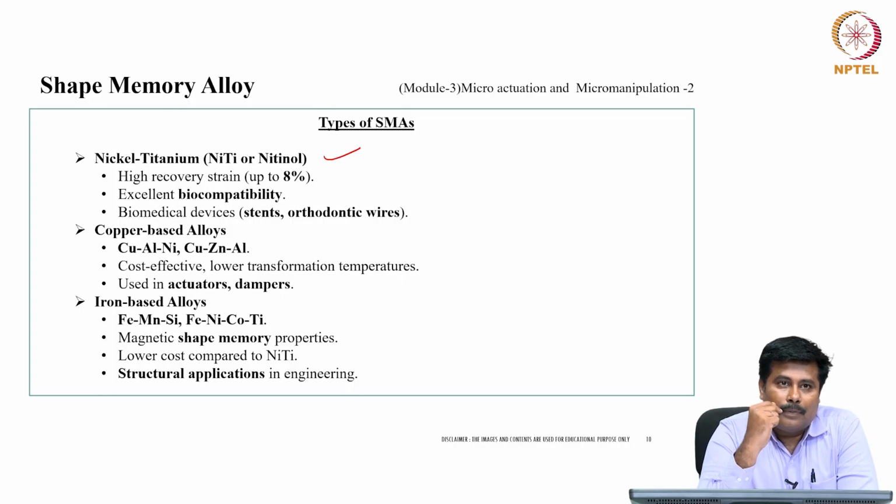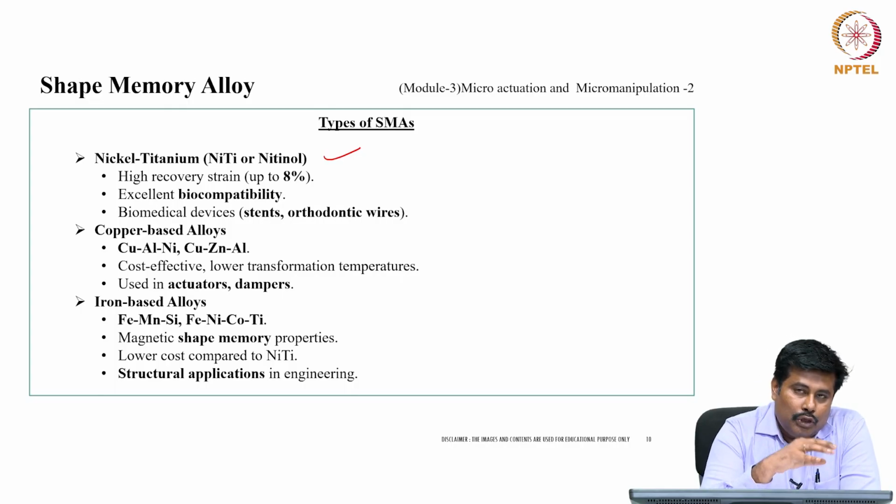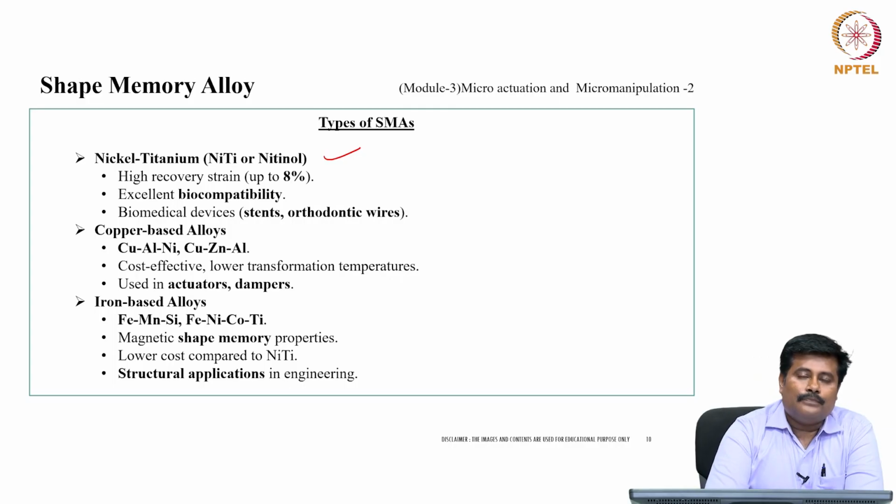As far as these copper based shape memory alloys are concerned, the Cu-Al-Ni combination and Cu-Zn-Al combination are some of the shape memory alloy structures which are exhibited here effectively for actuation related applications.